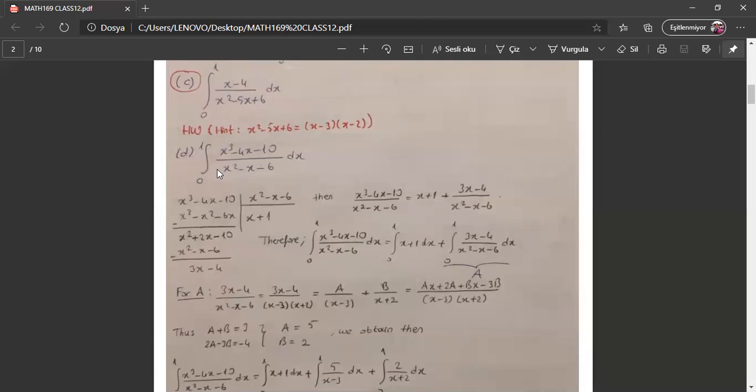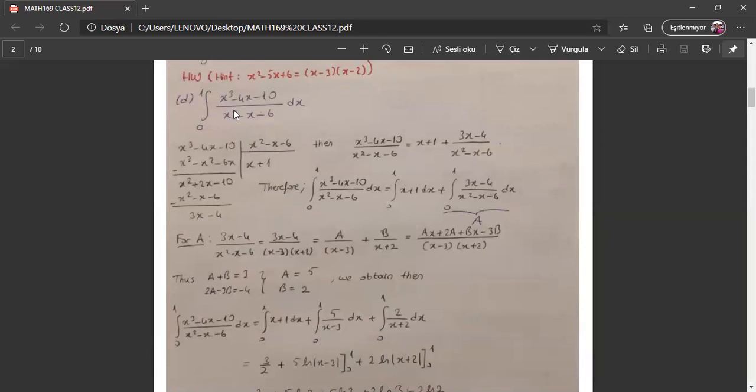So what about this d? Now we divide again. Here we have x plus 1, and the remaining part is this 3x minus 4. You should know how to divide these polynomials. Here you have x with degree 3, this is the highest degree, and here the highest degree is 2.